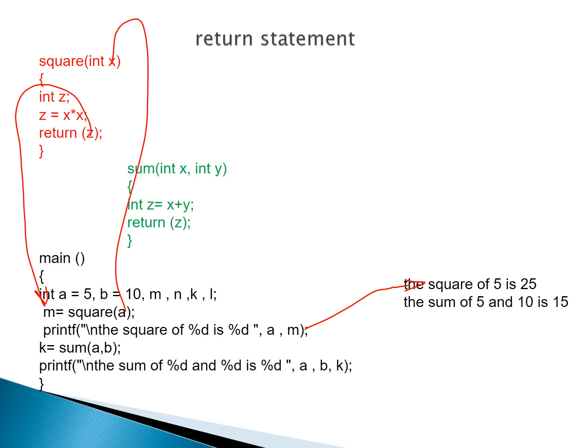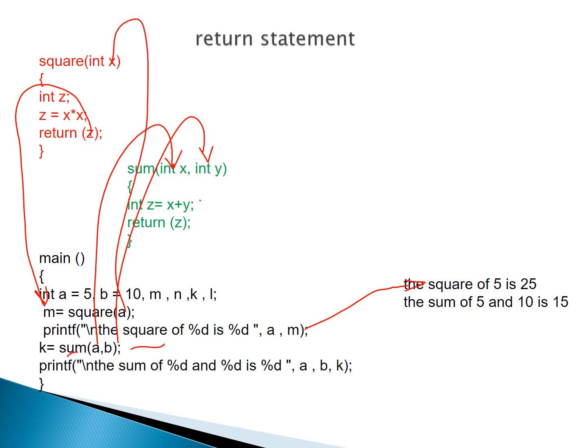Now let's execute this statement. On the right side, this sum function is called, and a is sent, and that will be stored on x, and b is stored on y, and the value of a is 5 and the value of b is 10.